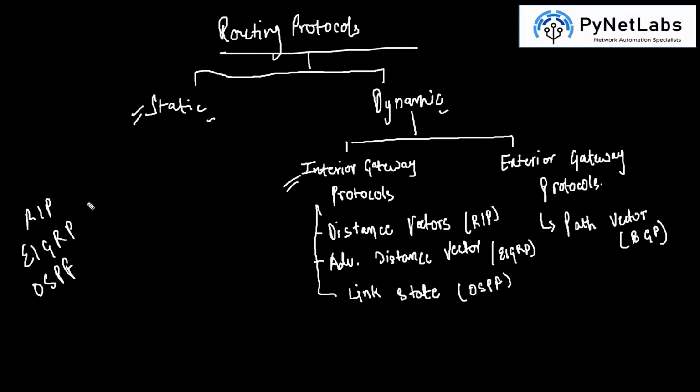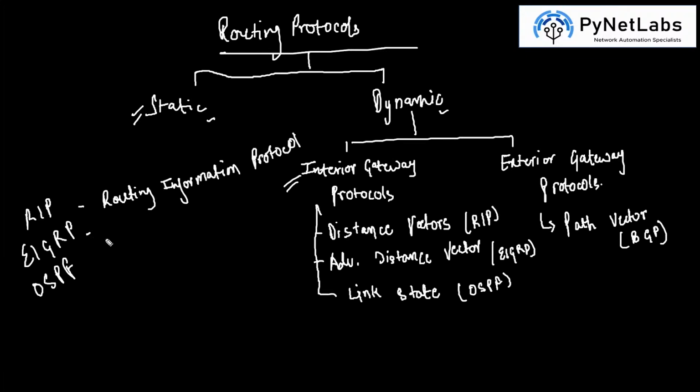So RIP stands for Routing Information Protocol. Then we have EIGRP.